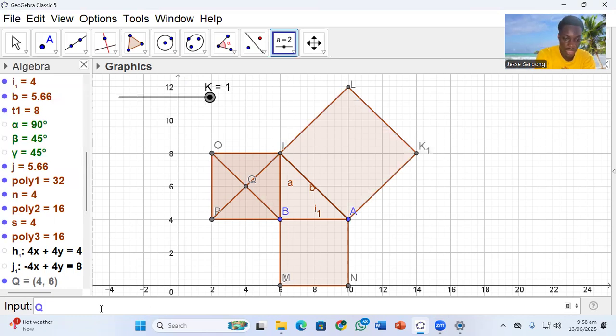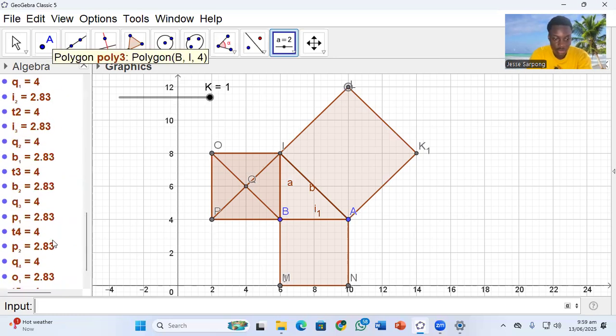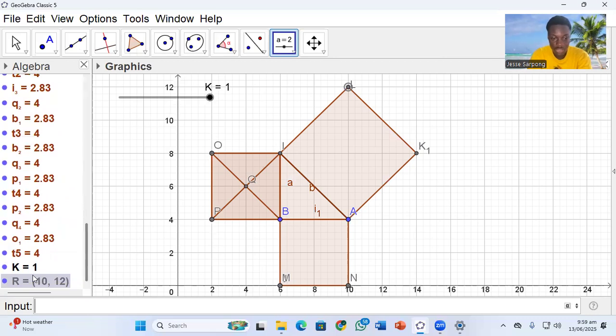I'll take the center of that square on my left, Q, plus the slider, which is K, then a bracket with L minus Q. Then I can see that there's a new point over there, which is R. Because I turned off new labeling, you cannot see the R point over here. Now we'll create a vector.